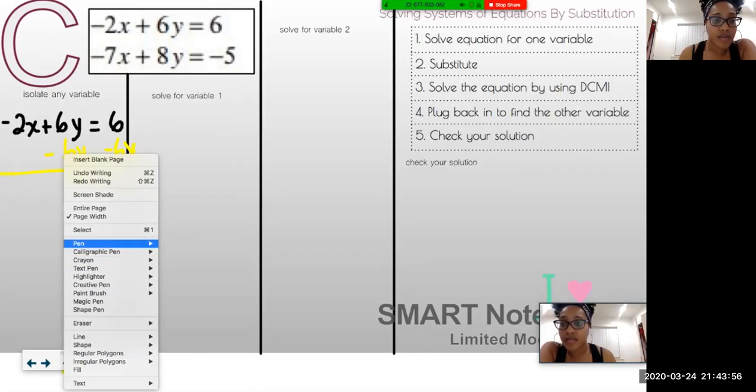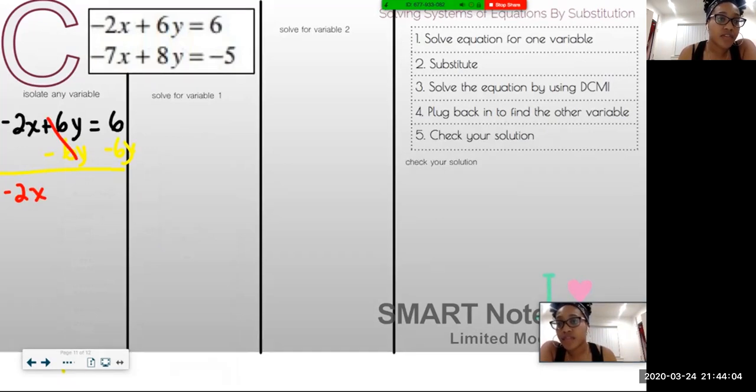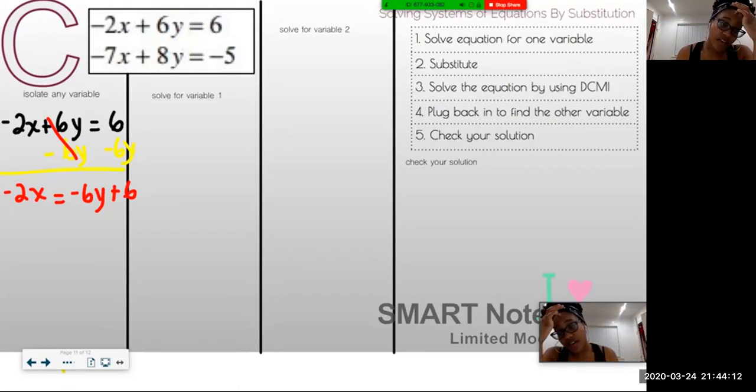And I am left with, I'm just going to write this in another color, 2x is equal to negative 6y plus 6. Okay? And again, x has to be all by itself. So what's on the same side as x that I don't want there? This negative 2.